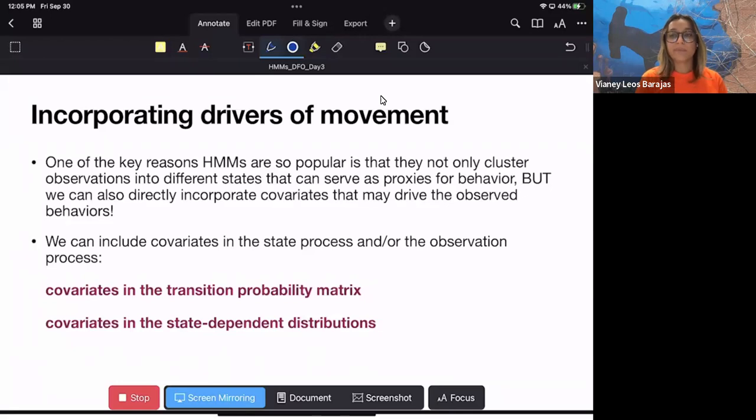For example, animals at different times of day, in different environmental conditions, and so on, may exhibit differing types of movement strategies. We do this in HMMs by incorporating covariates in the transition probability matrix. However, we can also incorporate covariates in the state-dependent distributions.